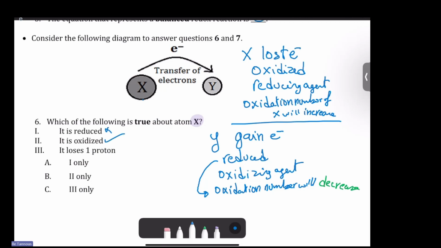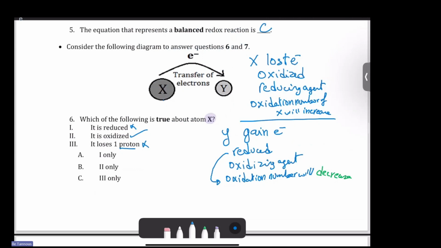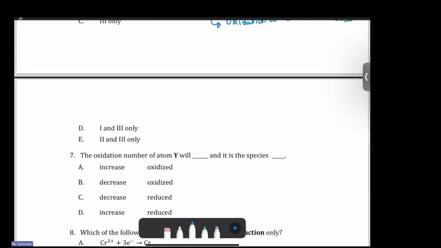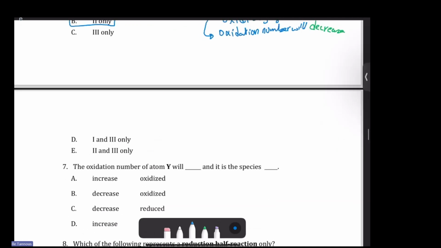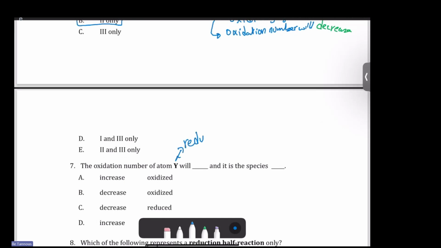X loses 1 electron. But I wrote all the possible information about it. So it is just 2. Here, the oxidation number of Y. Y was reduced, so the oxidation number will decrease and it is reduced. Are there questions for this one?